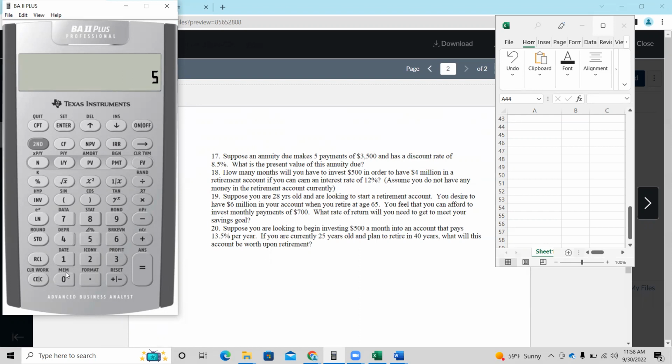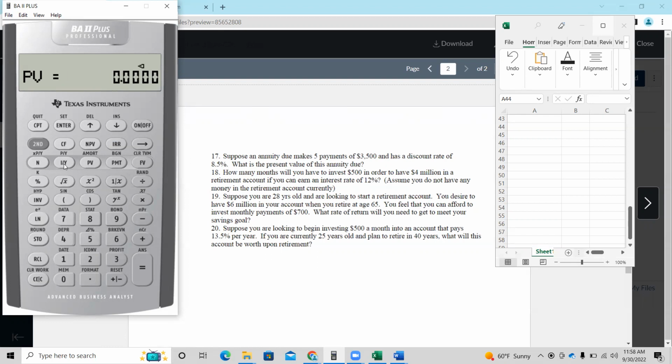I'm going to take $500 negative, and I'm going to put that in the payment function because that payment is going to be made from now until I retire. I can use this payment function. My future value is going to be 4 million. Okay. I don't have any money in the retirement account, so that's going to be zero. Now my interest rate is going to be 12% per year.